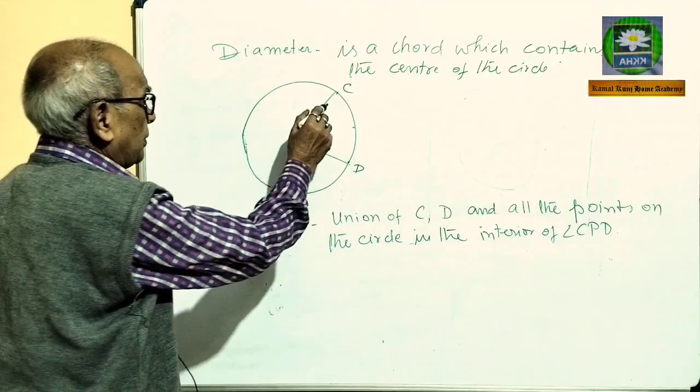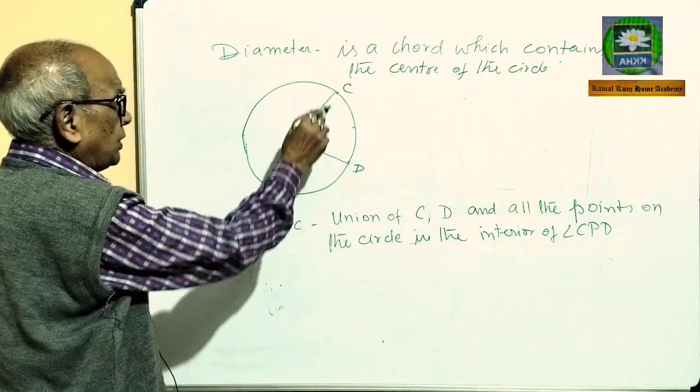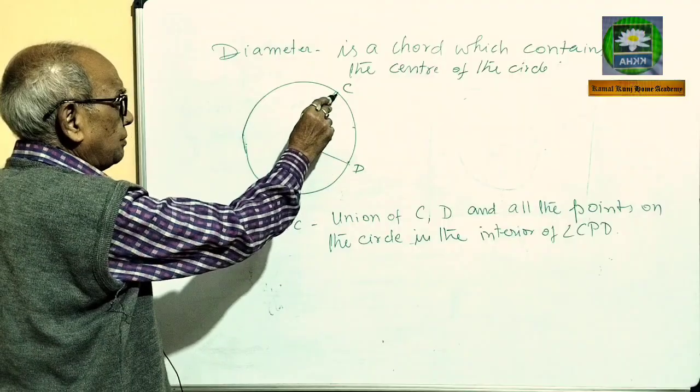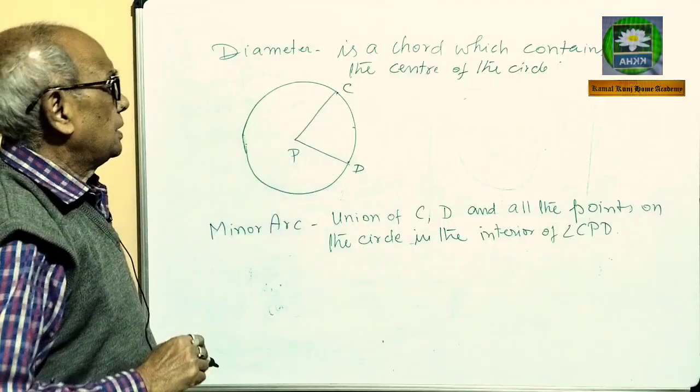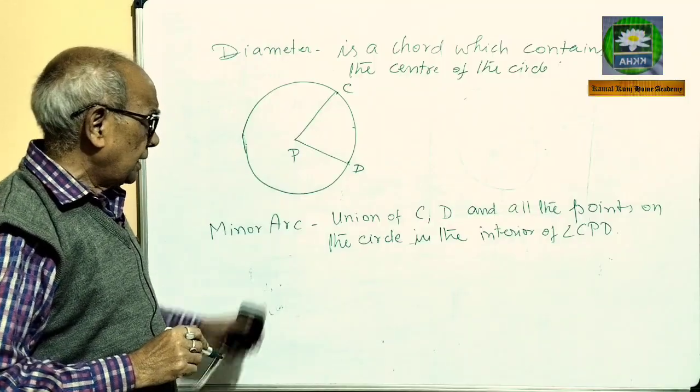The union of C, D and all the points between C and D on the circle is called a minor arc.